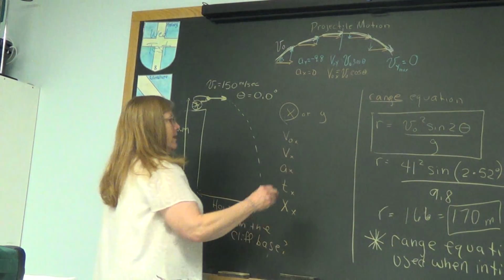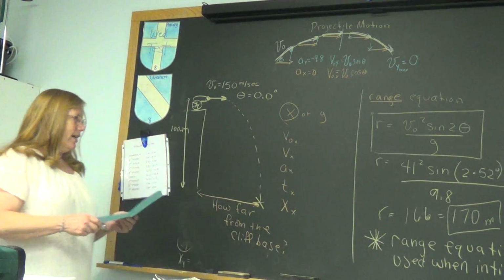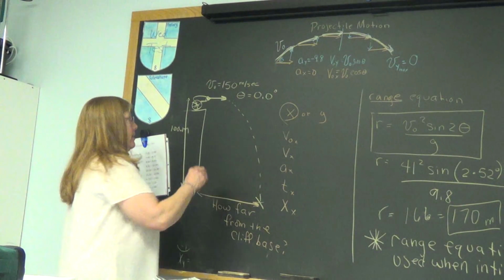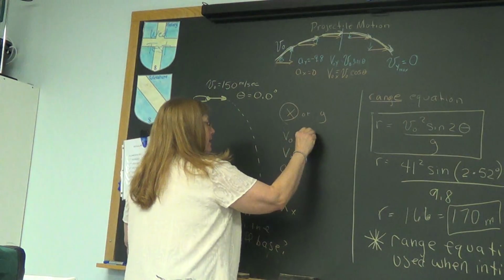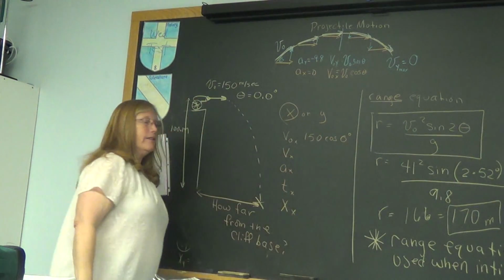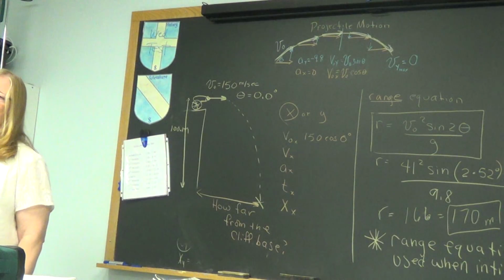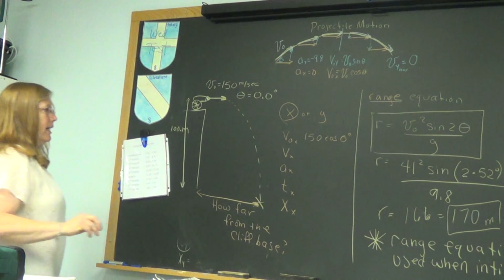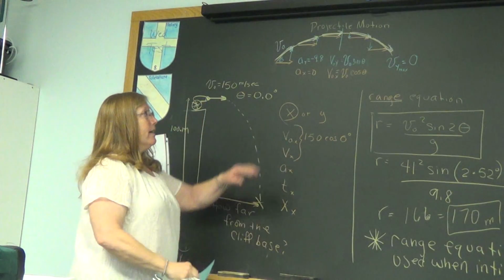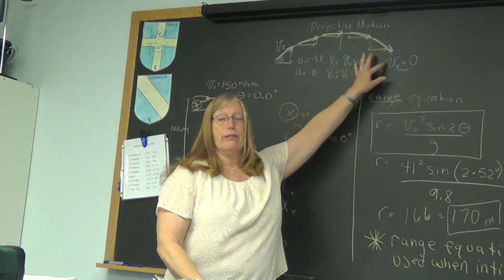All right. The velocity in the x direction, we're going to look for that first, and it is going to be 150 cosine 0. Like in any problem, we always use cosine for the x. And notice the velocity final is going to be the same because the velocity never changes in the x direction.